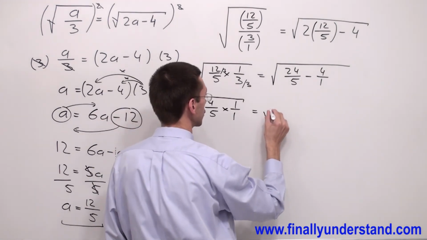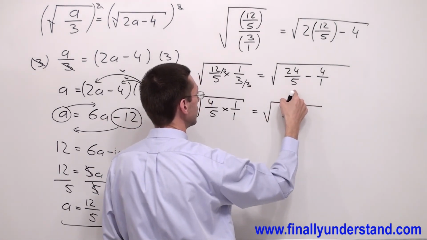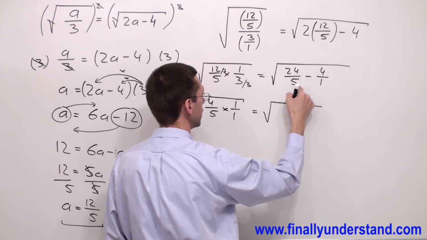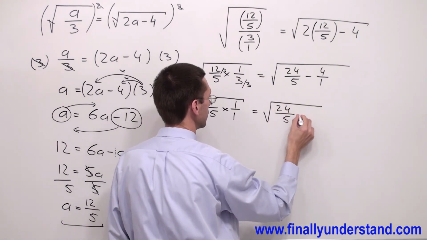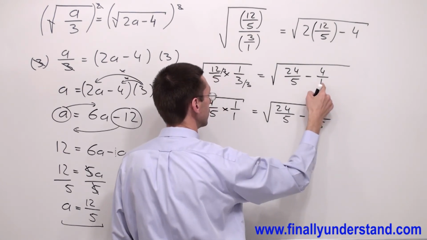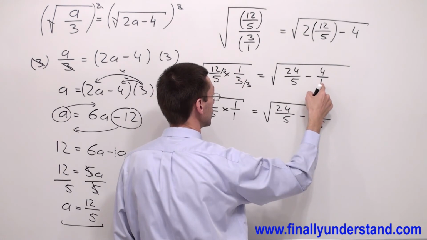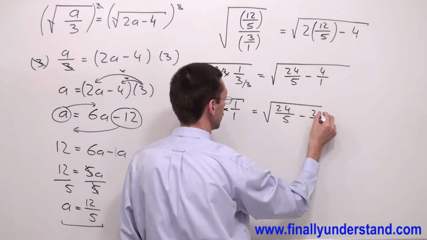If I want to subtract these two fractions, I have to find a common denominator. The common denominator for 5 and 1 is 5. So I have 24 over 5 minus 5. Okay, 1 times 5 is 5. And if I multiply the denominator by 5, I have to also multiply the numerator by 5. 4 times 5 is 20.